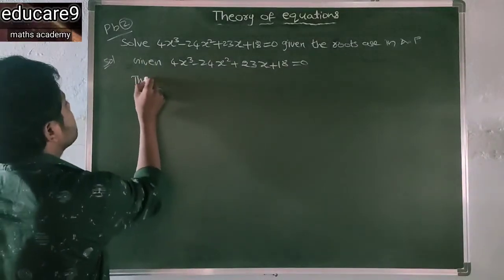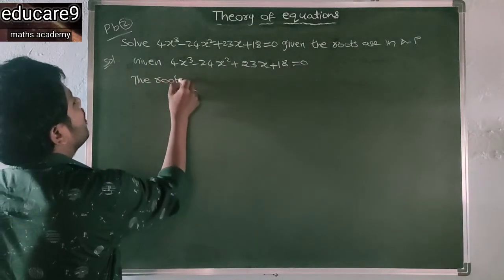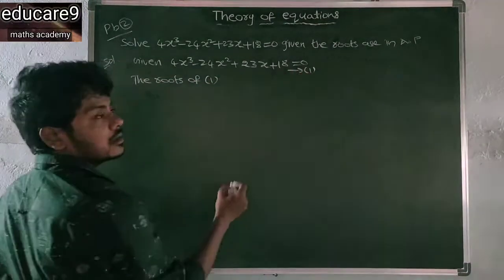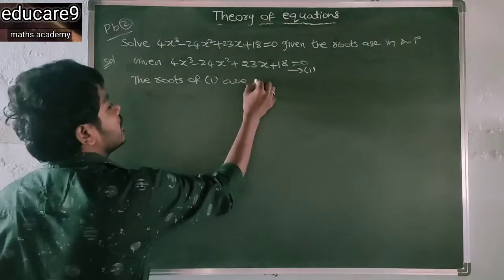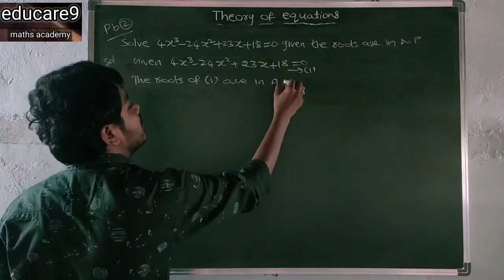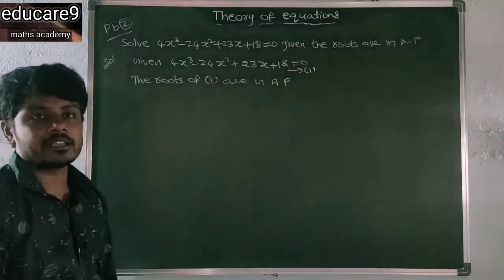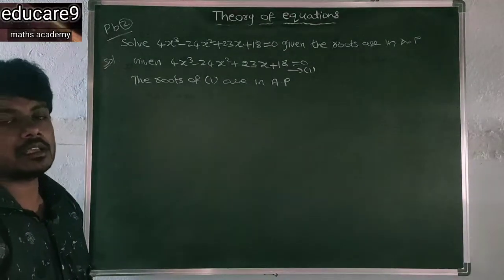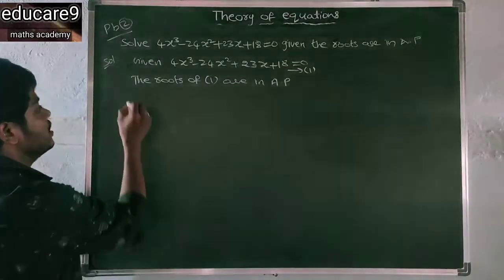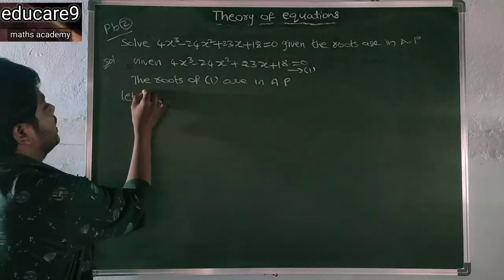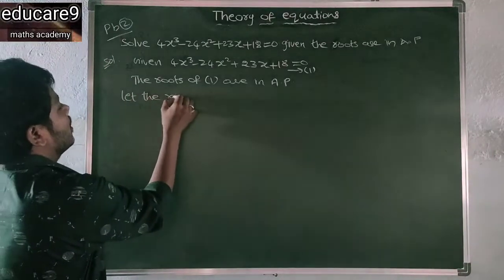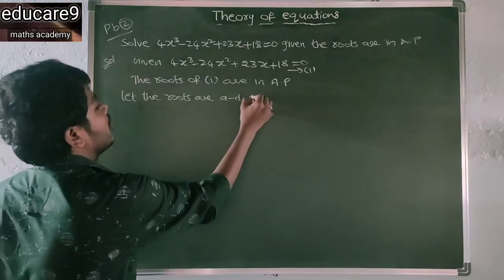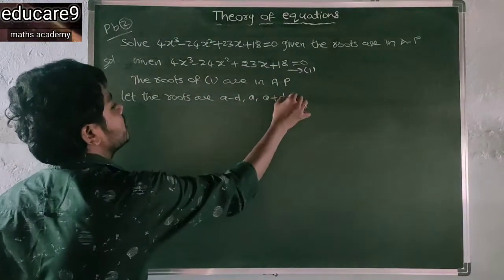So the roots of equation 1 are in AP. So clearly in that case we take the roots as a minus d, a, a plus d.